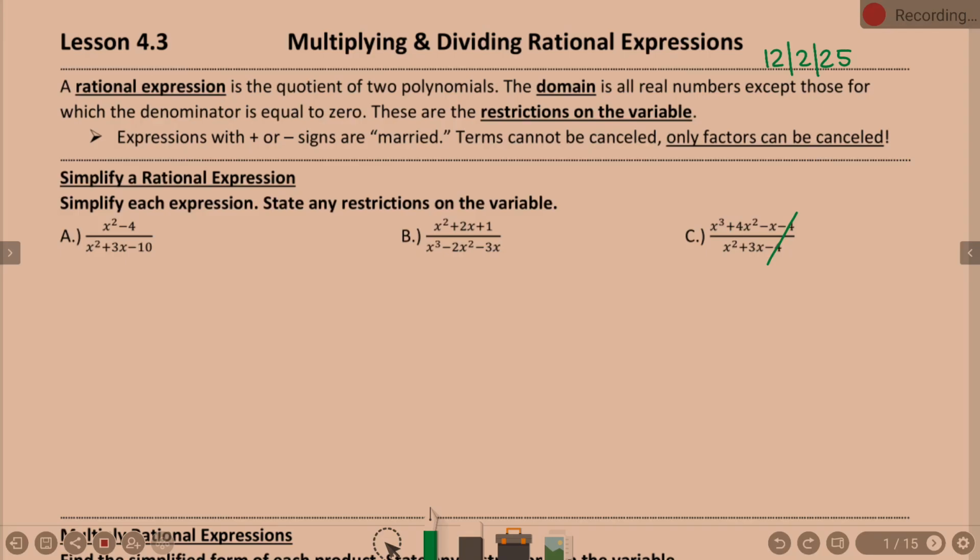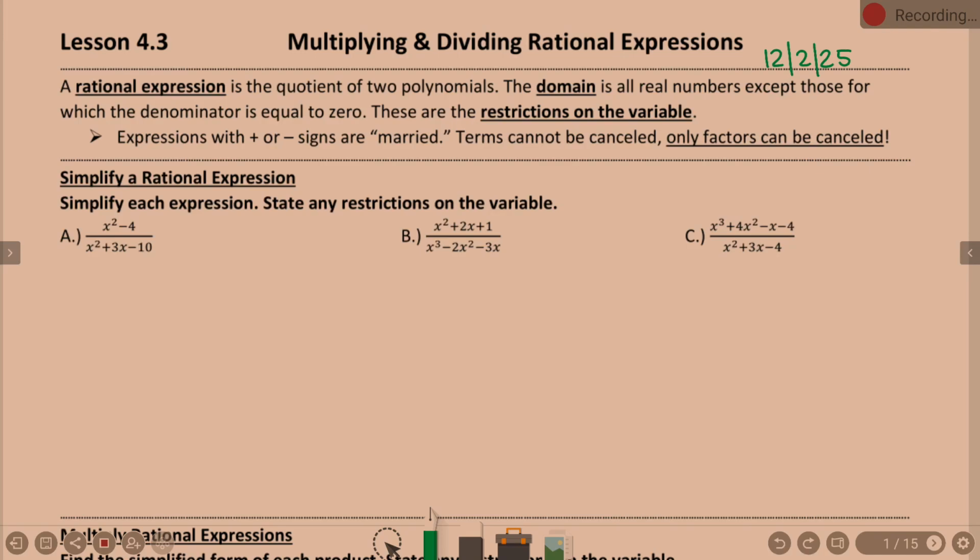You cannot cancel a -4 and a -4 that are being subtracted. Now, if there's an x minus 4 and an x minus 4 is a factor, we can cancel factors. But you can't just cancel a single term that's being added and subtracted with other terms. So you'll sometimes hear that these 3 terms in the denominator, these 4 terms in the numerator, they're married together. You can't just cancel single terms, only factors.